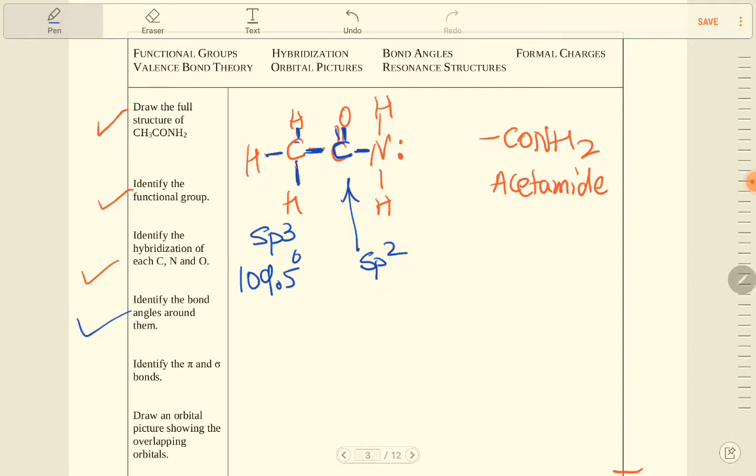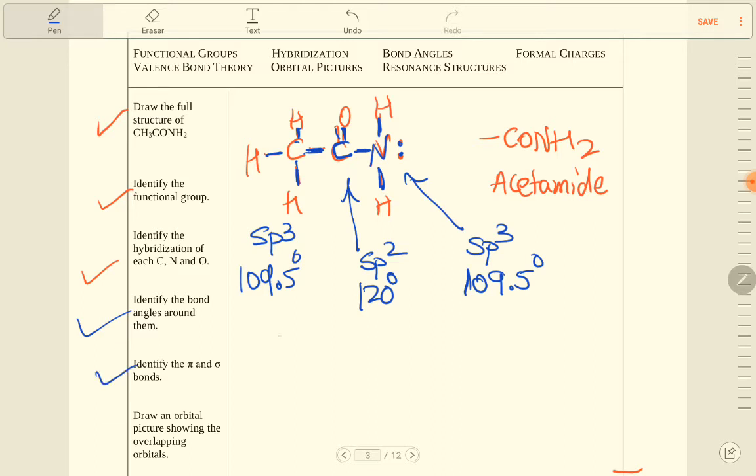If it is sp2, it's trigonal planar, 120 degrees. And NH2, that is 1, 2, 3, 4 entities, so N is sp3 hybridized with 109.5 degrees. So that is hybridization and bond angle. Identify pi and sigma bonds.